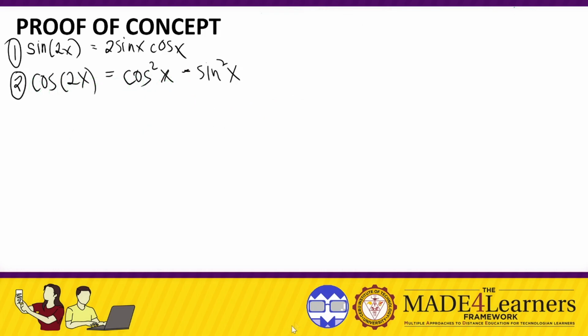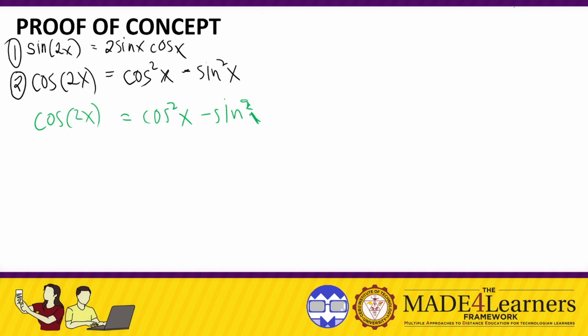For cos 2x, we have some other forms. Aside from cos squared x minus sine squared x, we can express this in many different ways, so let's try to find these forms. First, we have cos 2x equals cos squared x minus sine squared x.